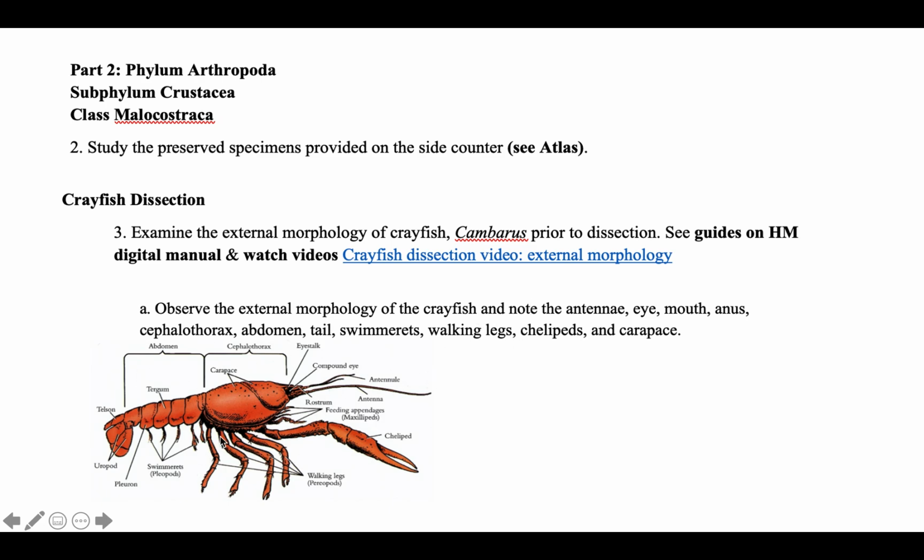So if we were to give you a blank image of this, make sure you know where these things are. Okay, so we have antennae, eyes, mouth, anus, cephalothorax, abdomen, tail, swimmerets, the little legs here, so walking legs, and the swimmerets in the back. And then we have chelipeds, those bigger claw-like structures, and a carapace, the structure in the middle there.